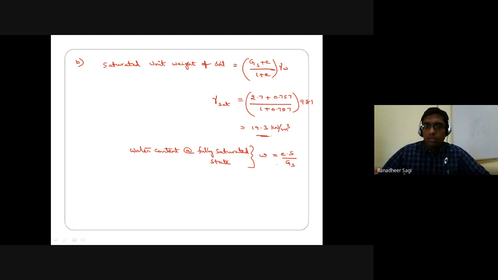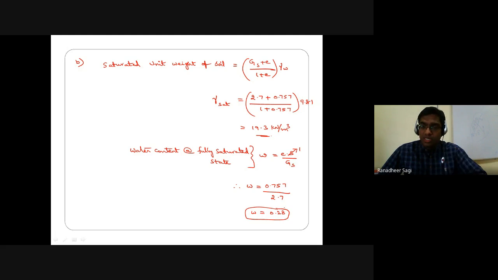As the soil is fully saturated, the degree of saturation is equal to 1. Therefore, w equals void ratio by specific gravity of soil solids. The void ratio is 0.757 and the specific gravity is 2.7, so we get the water content as 0.28. So at a water content of 0.28 or 28%, the soil becomes fully saturated.